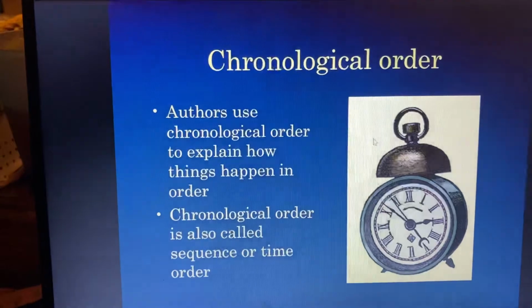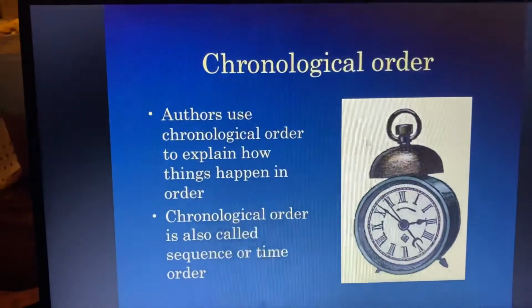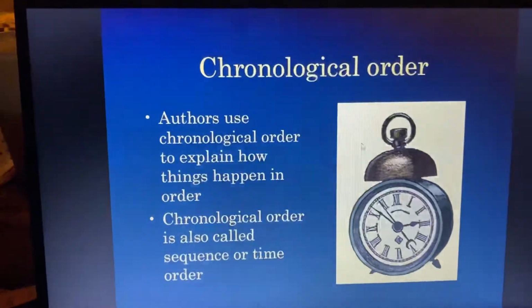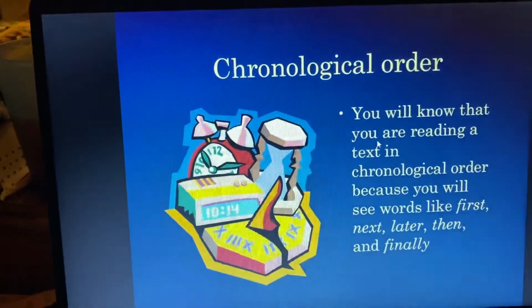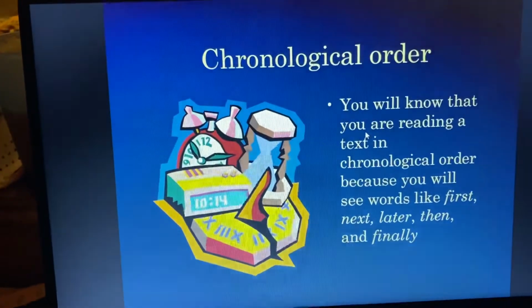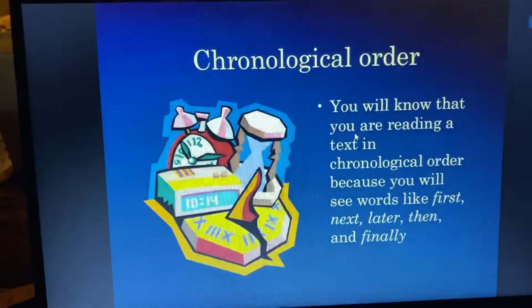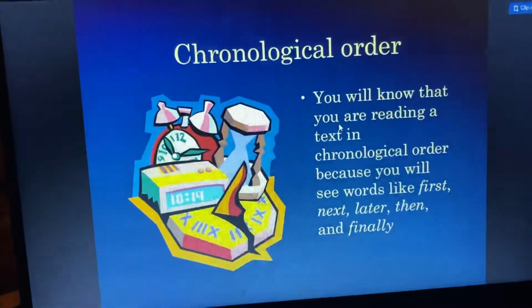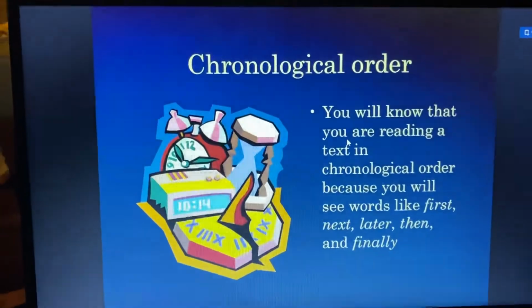Mostly when we see it in class, we call it sequencing, but both of them are perfectly fine to use. You'll know that you're reading a text in chronological order because you'll see words such as first, next, later, then, finally. You might find words like last, just any of those words that suggest an order.